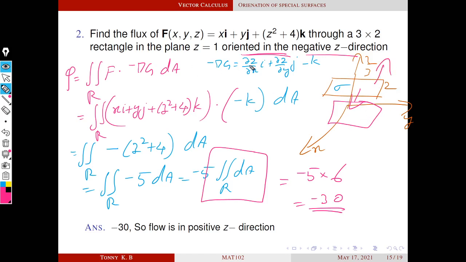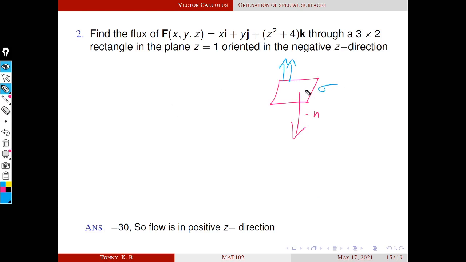Because we oriented the surface in the negative direction, that is downward, we evaluate the flux using that assumption, so we get the flux as negative. That means the net flow across this surface sigma is in the upward direction, with 30 units. That is the interpretation of this minus sign.